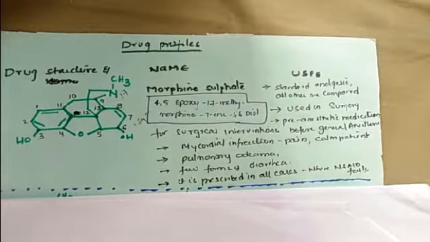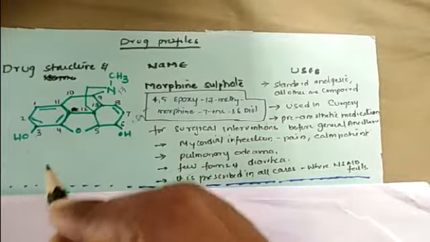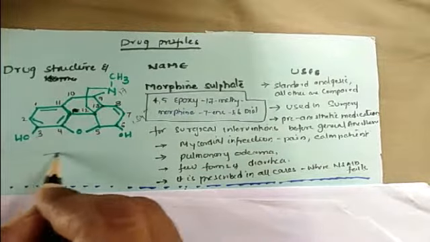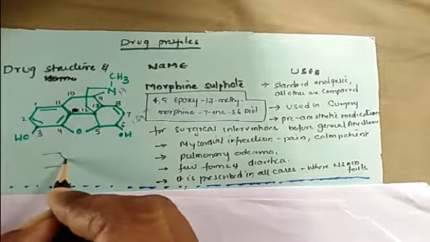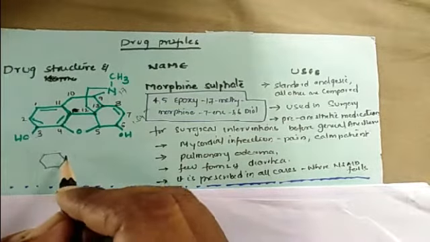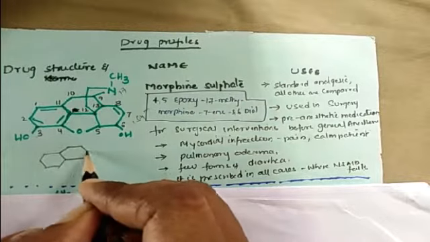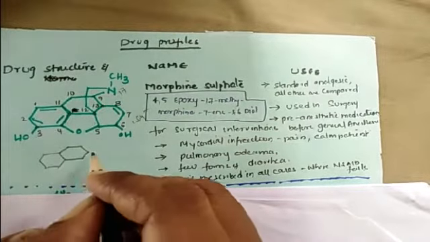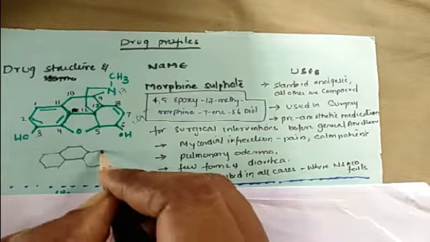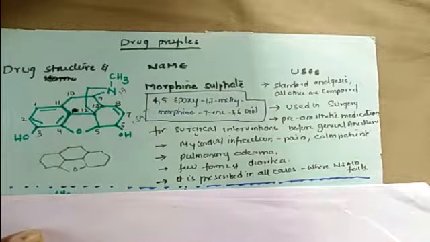So whenever you draw the structure of morphine analogs, first draw a benzene ring. Then from here start one cyclohexane ring, and from here start another cyclohexane ring and complete the structure like this.